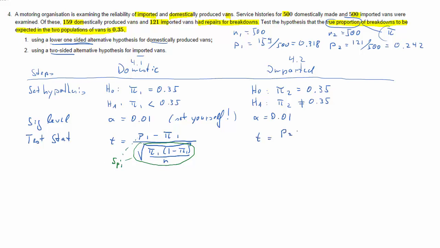That's SP1, the standard deviation for P1. Now the same for the test on the imported vehicles. We have exactly the same test statistic, just with pi2.